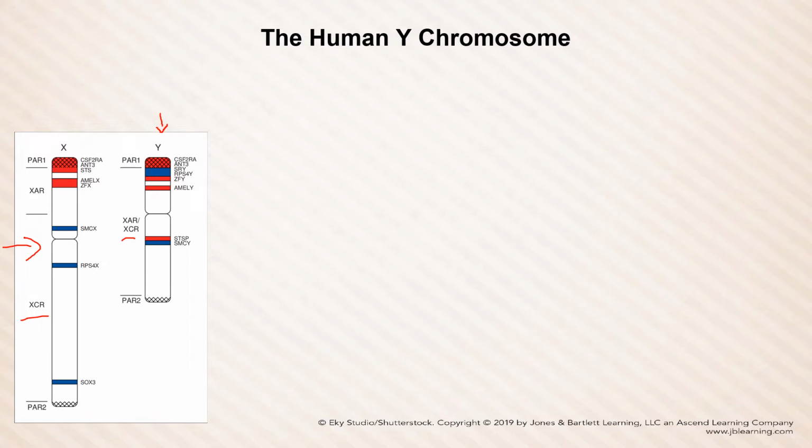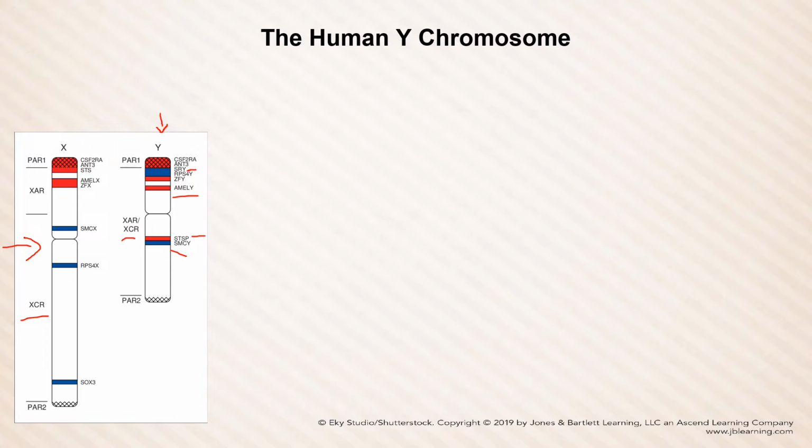And I don't want you to remember every single gene here for the test, but the SRY is very important because it is a transcription factor that will determine maleness. It is one of the most important genes to determine maleness, and this transcription factor stimulates the expression of other genes.